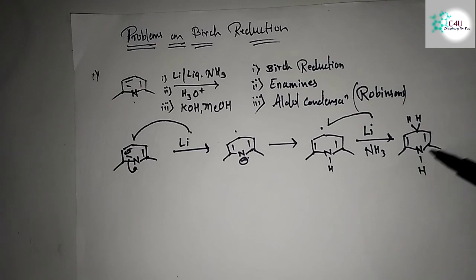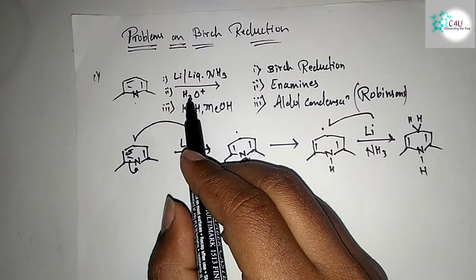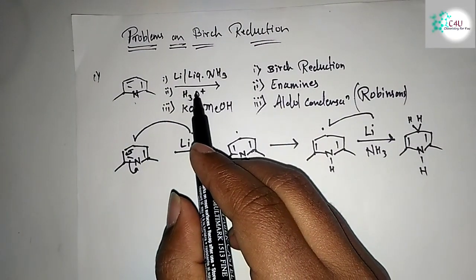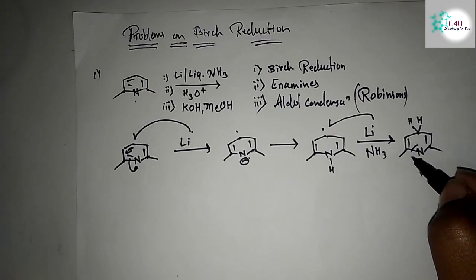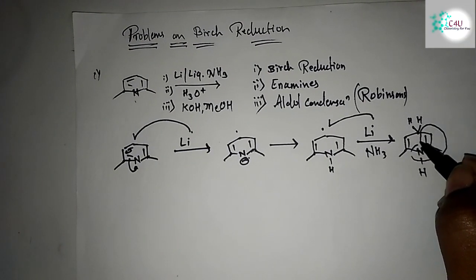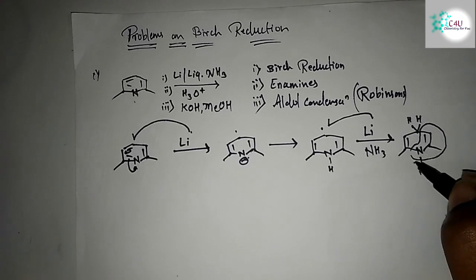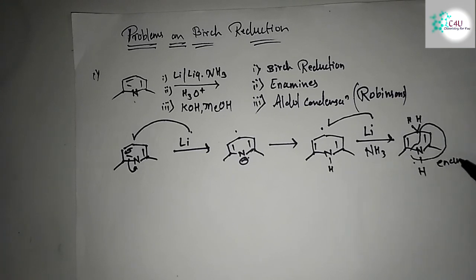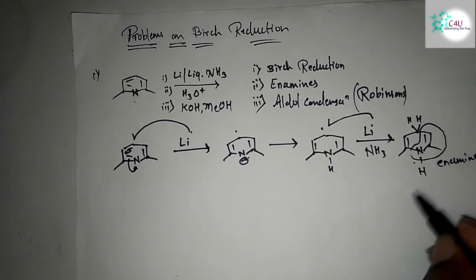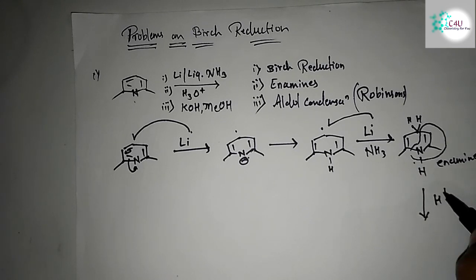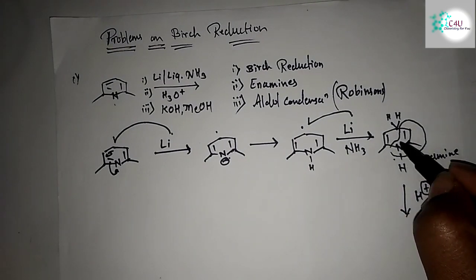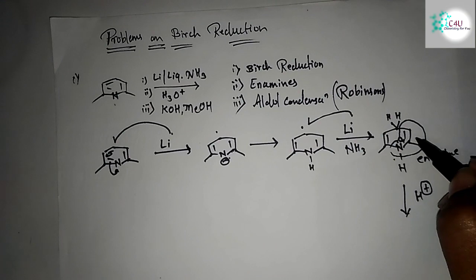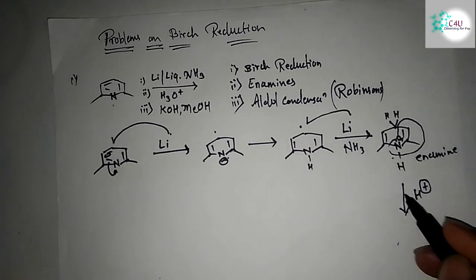Now this compound is going to be treated with H+ H2O, that is H3O+, meaning acidic condition. Now you can see here is an amine form, which is known as an enamine, and when enamines are subjected to protons, I'll write it separately.